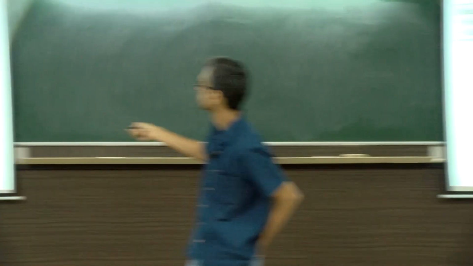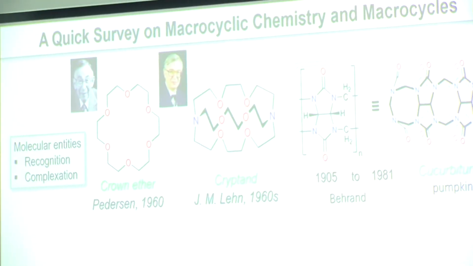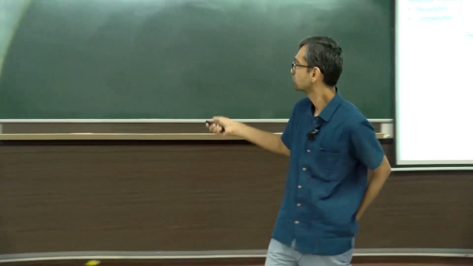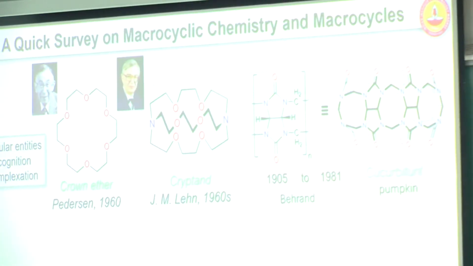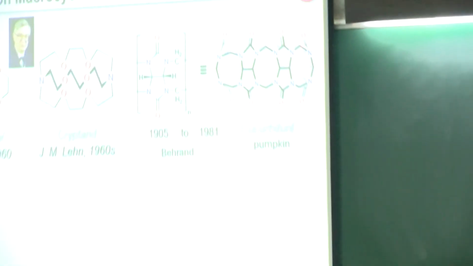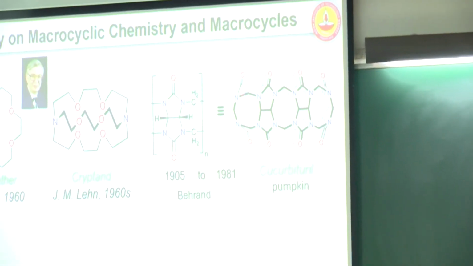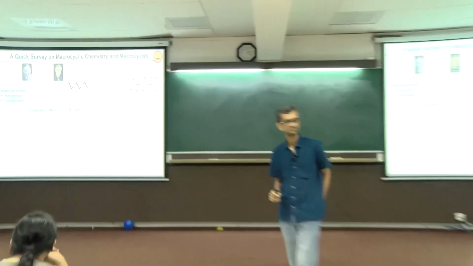This is a glycouryl moiety at the center, and it just condenses with formaldehyde, right? And forms a kind of structure that you are seeing here, which has six of the glycouryl units held by twelve methylene bridges.